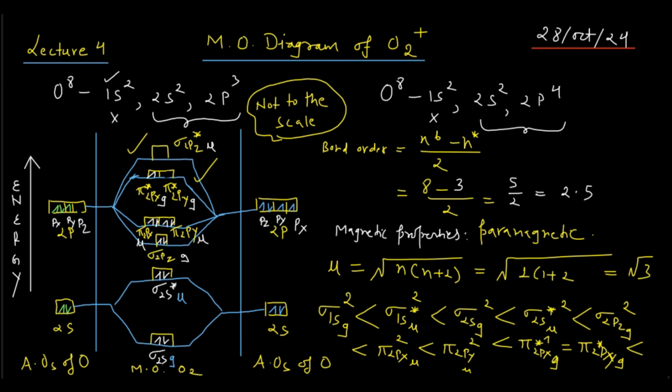So how the bond length? So let me give you little data. However, it is not very important to mug up all the data, but it is good if you can remember this. When you have the oxygen molecule O2, then this bond length is roughly 121 pm. It is picometer. Okay.